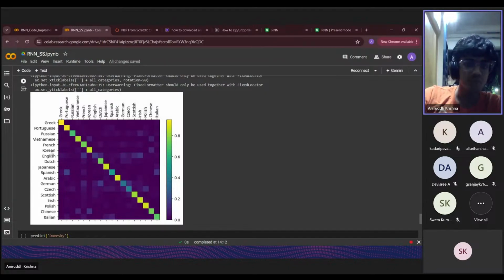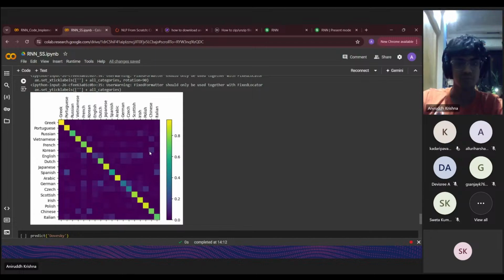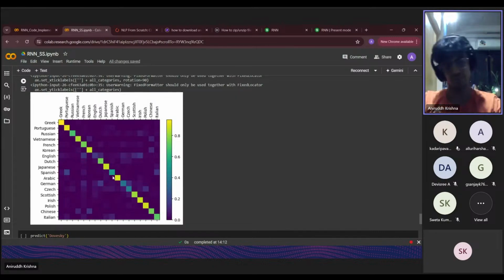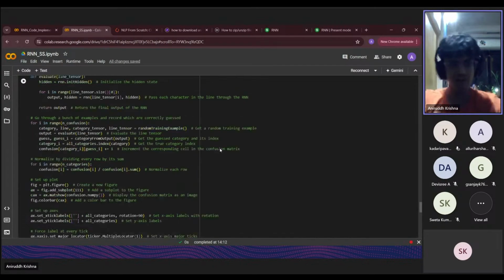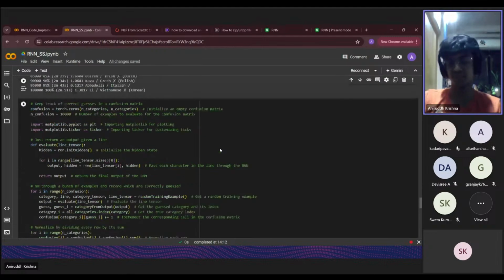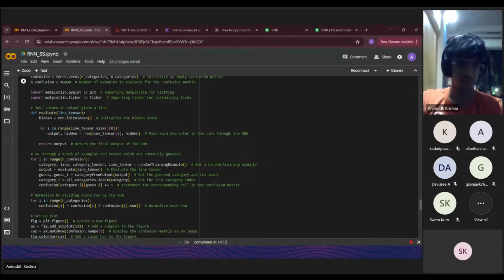I can see Korean has somewhat of a light color next to Chinese, which again makes sense because their names are very similar to each other. Even Japanese has somewhat of a similarity with Korean because they have a lot of similarities between their names. So that's what a confusion matrix basically does. It gives us a fair idea of how our model is working.